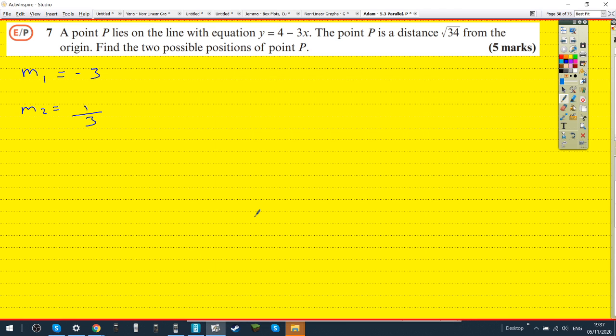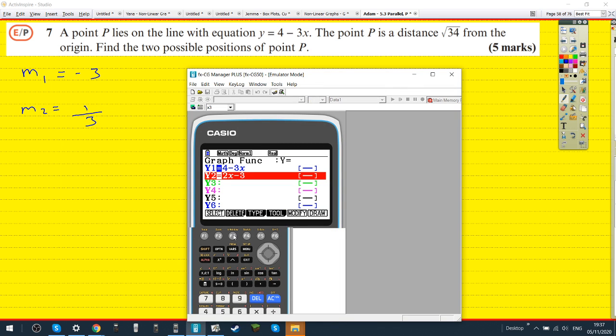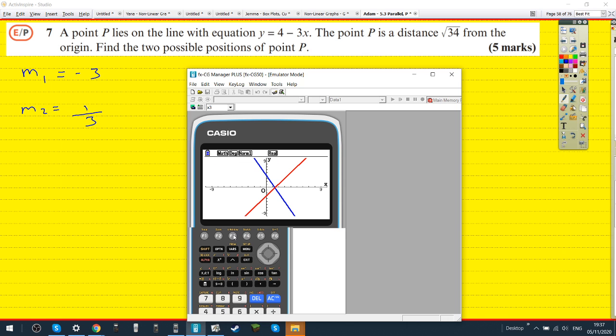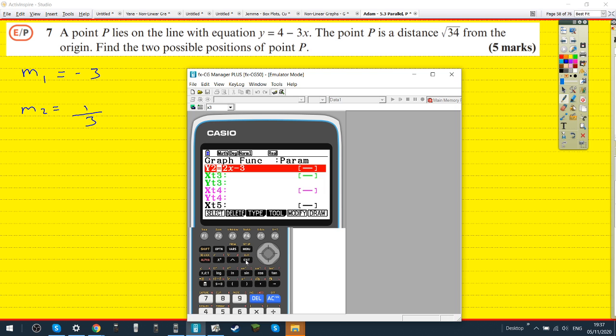So what do we do with this? We know m1 and m2, and we know what c is, but we don't have any coordinates. We only know the square root of 34.